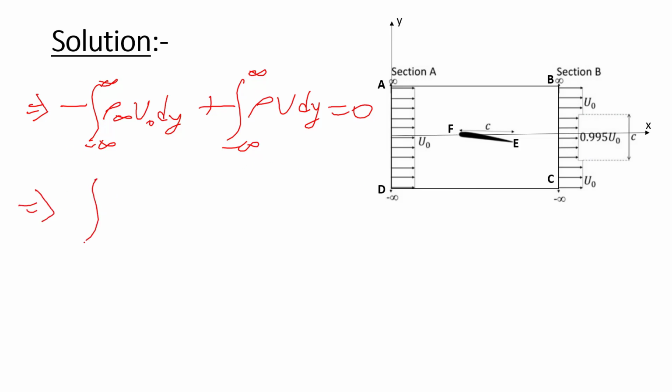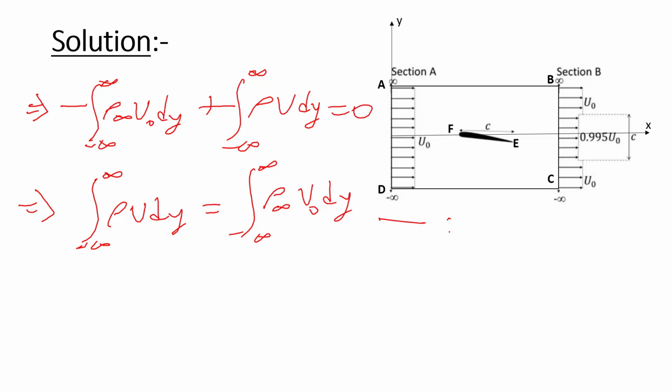So it becomes integral from minus infinity to infinity of rho u dy equal to minus the integral from minus infinity to infinity of rho infinity u naught dy. We will take this as equation 1.